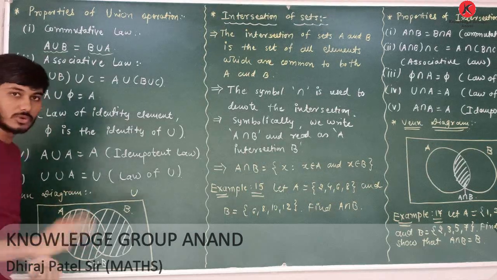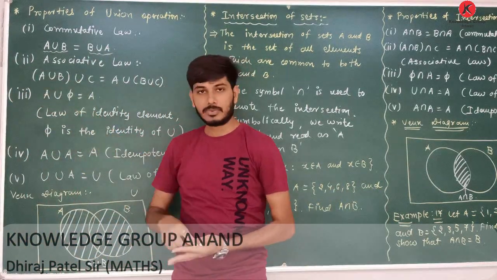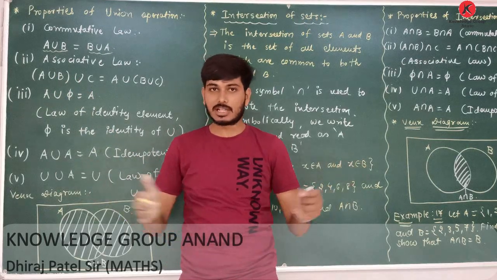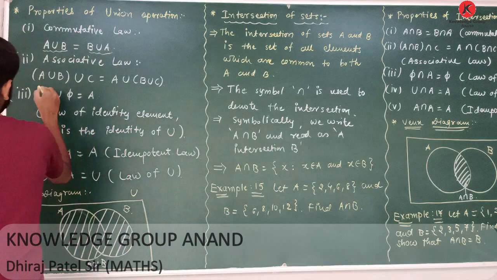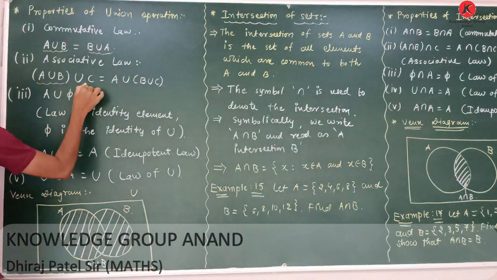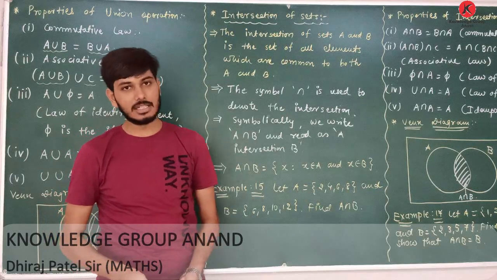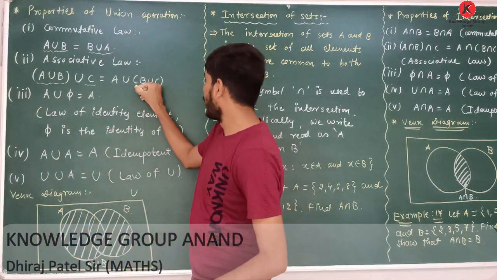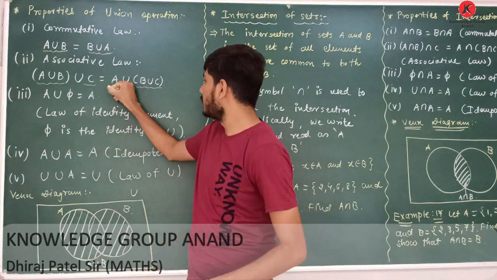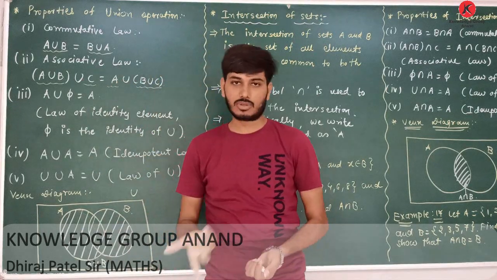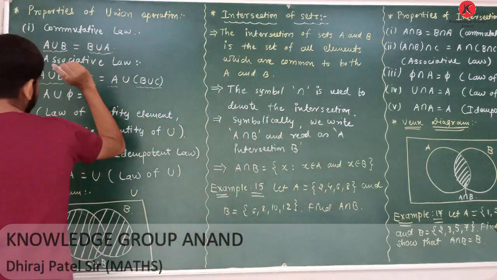In the associative law, we have three sets like A, B, and C. For the union of three sets, we can find A union B first, then find the union with C, or you can find B union C first, then you can union with set A also. This is the associative law.